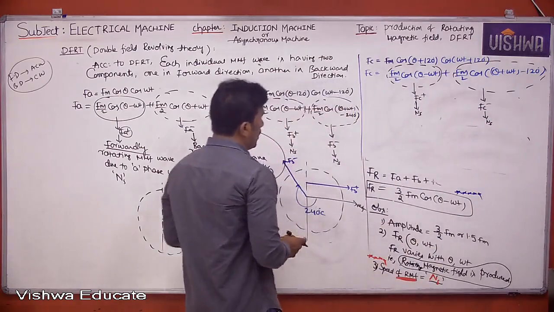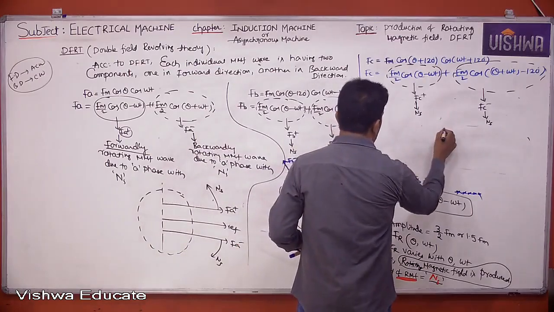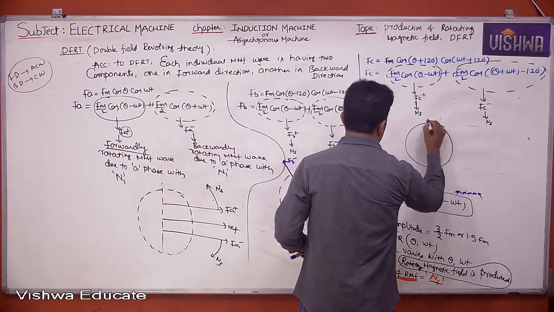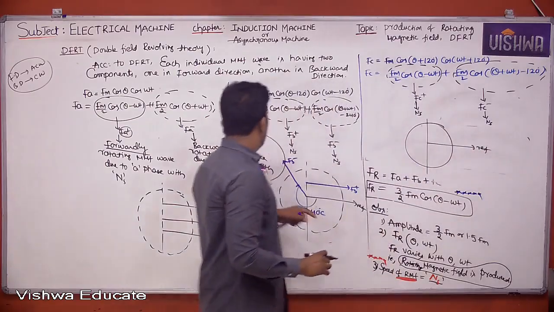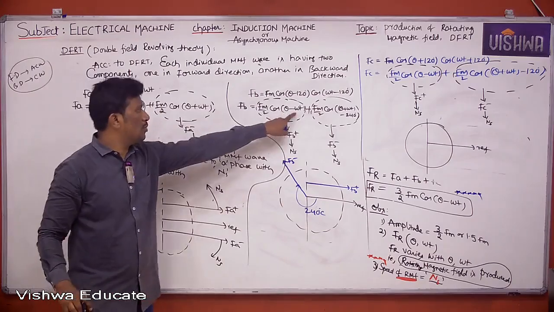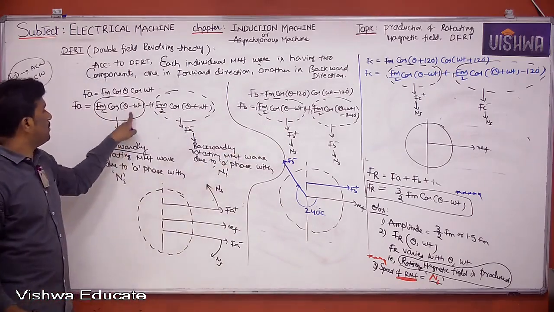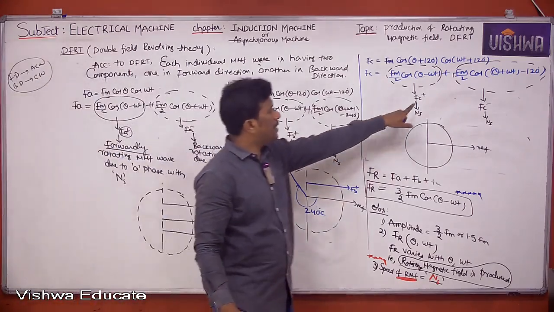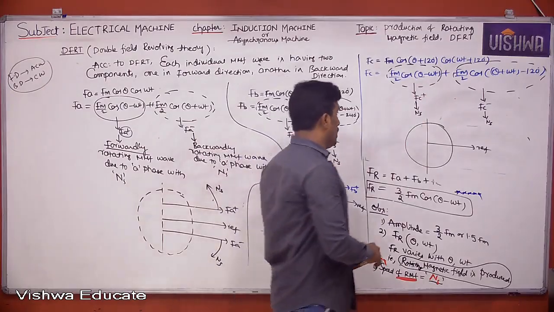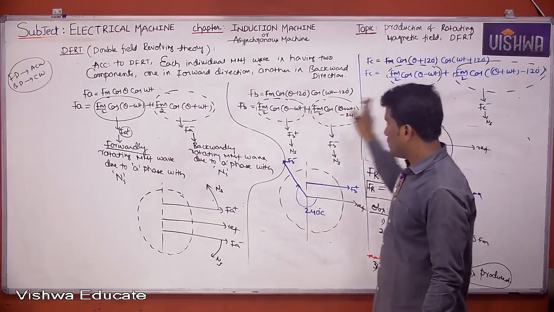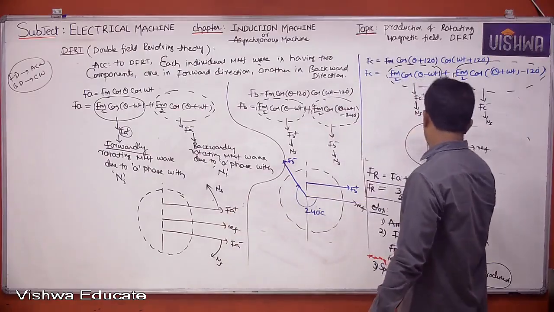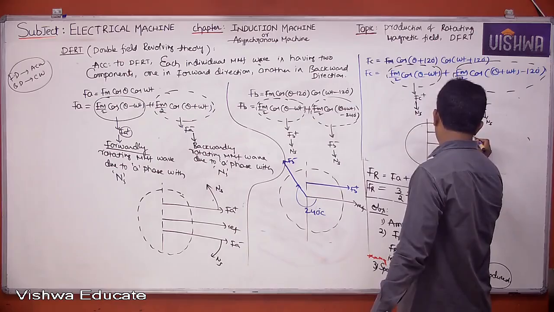Now let me show diagrammatically. This is the reference. FB plus means theta minus omega t. FA plus means theta minus omega t. Here FC plus also theta minus omega t. That means your FC plus will be in phase with FB plus and FA plus. FC plus is like this.